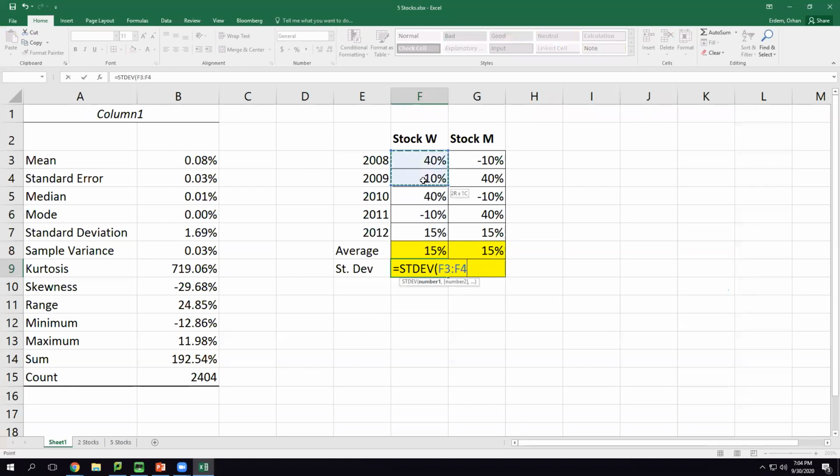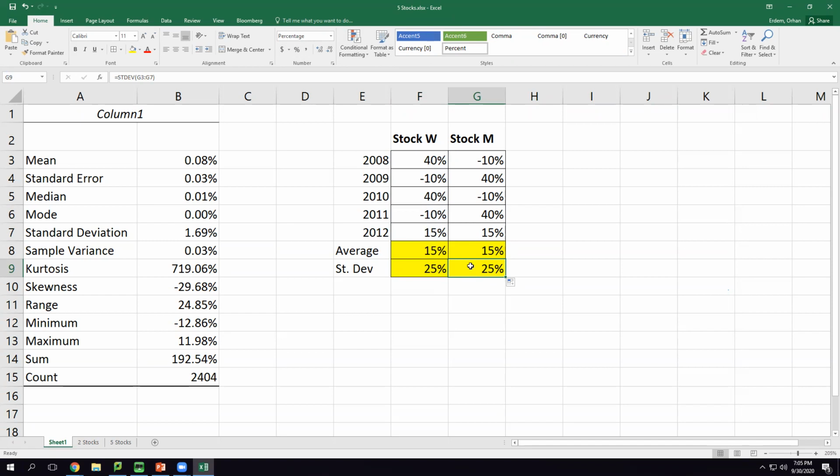Then select stock B, so it calculates the standard deviation of stock B. It's 0.25, or 25%. Do the same thing for M, and you will see the standard deviation is also 25%. Yep, I got those as well.